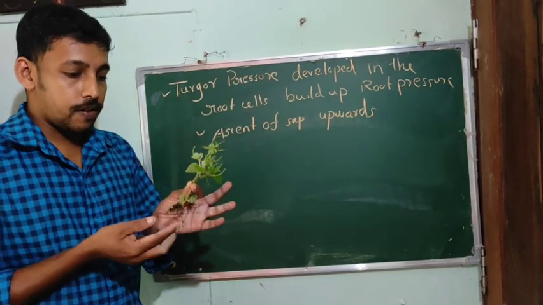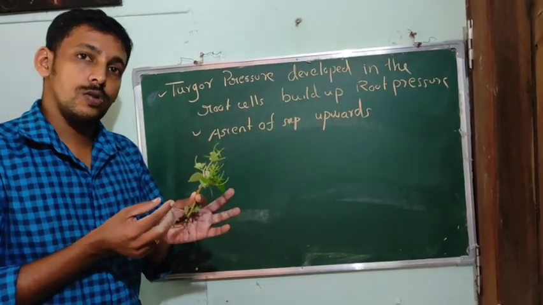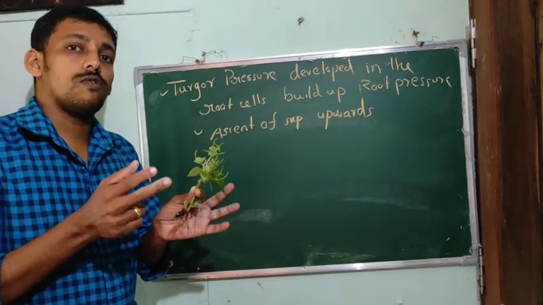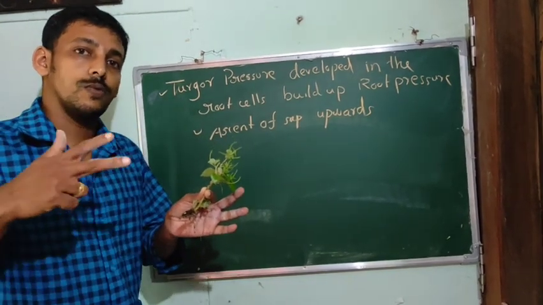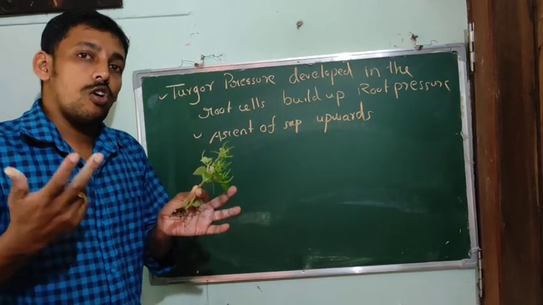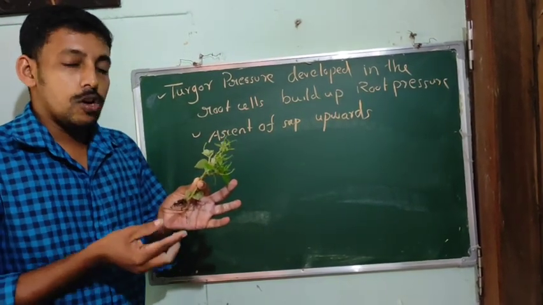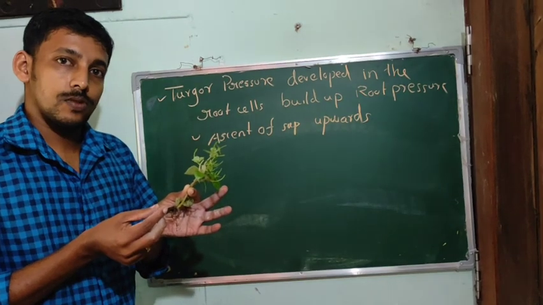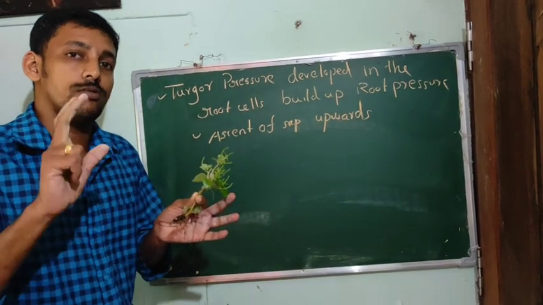It is the pressure developed in the roots due to the continuous inflow of water. There is always endosmosis occurring in the roots, and that creates the root pressure.